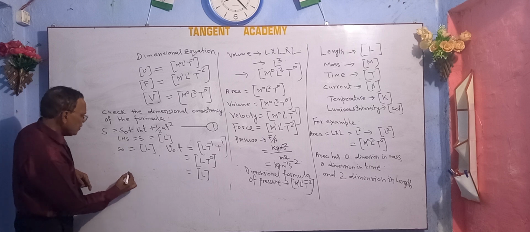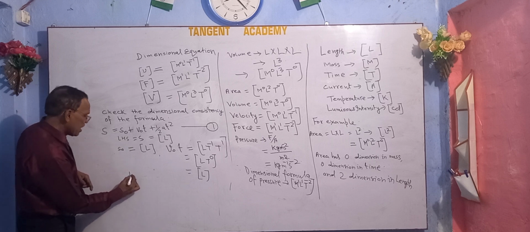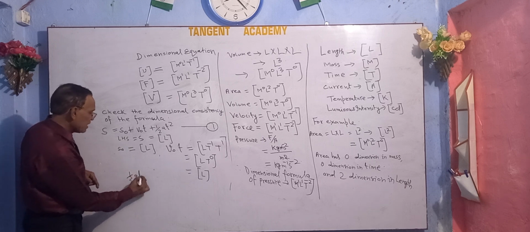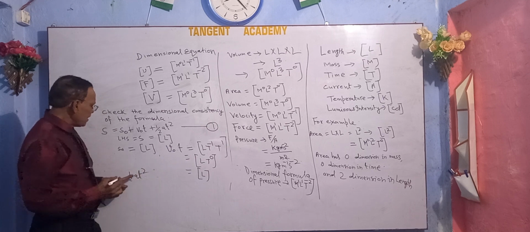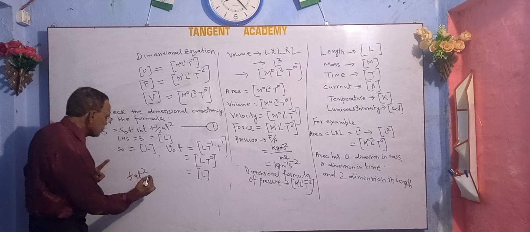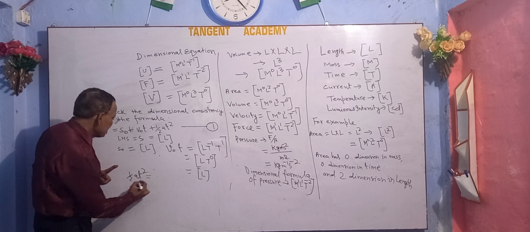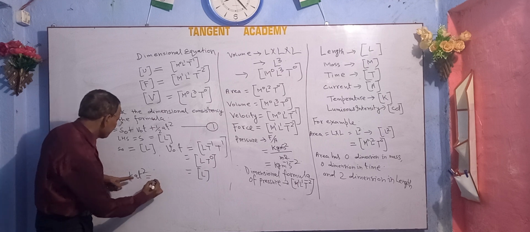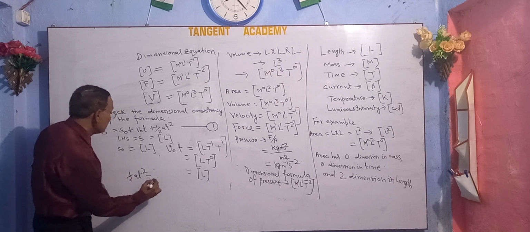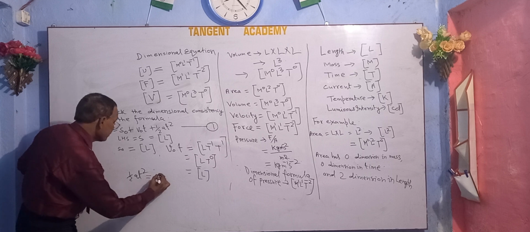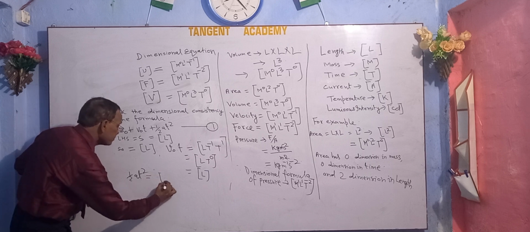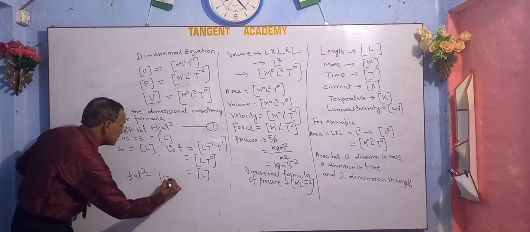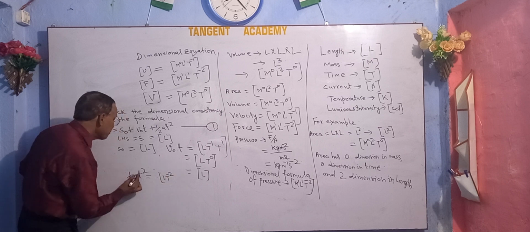Now we observe half a T square. Here the variables are acceleration and time. Acceleration is nothing but L T minus 2, and here the power of time is 2.